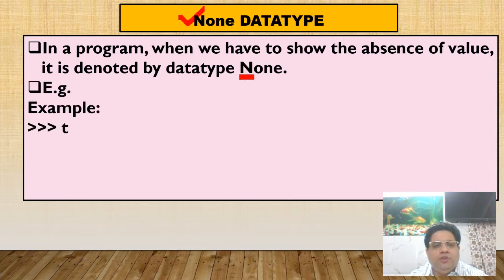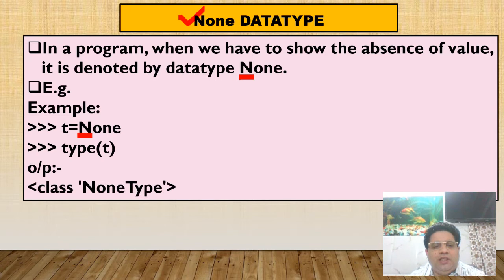Example, suppose if I write t equal to None, it means t contains nothing. Now if I write type(t), it will tell the data type of variable t. So the output will be class NoneType.